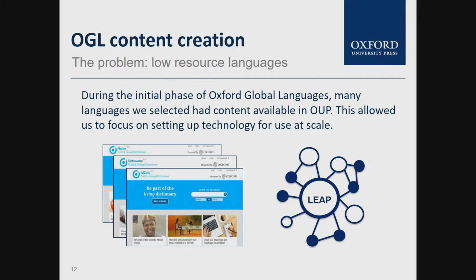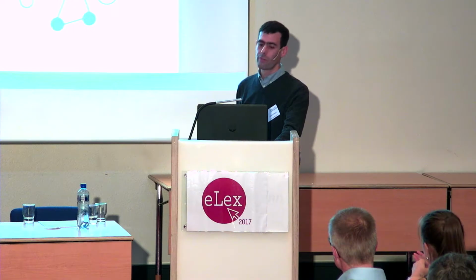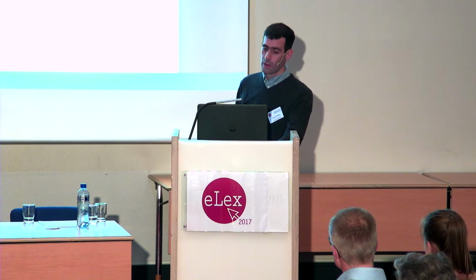And during the first phase of OGL, which was a 2-year phase, we focused to a greater or lesser degree on languages where we had content available to us in OUP, to give us a bit of a head start, to use content that we knew was good quality, and also to focus on setting up the technology that we would need for the program in general, which was generally the websites and also Leap, which is our data platform for lexical content. However, that will only get us so far.